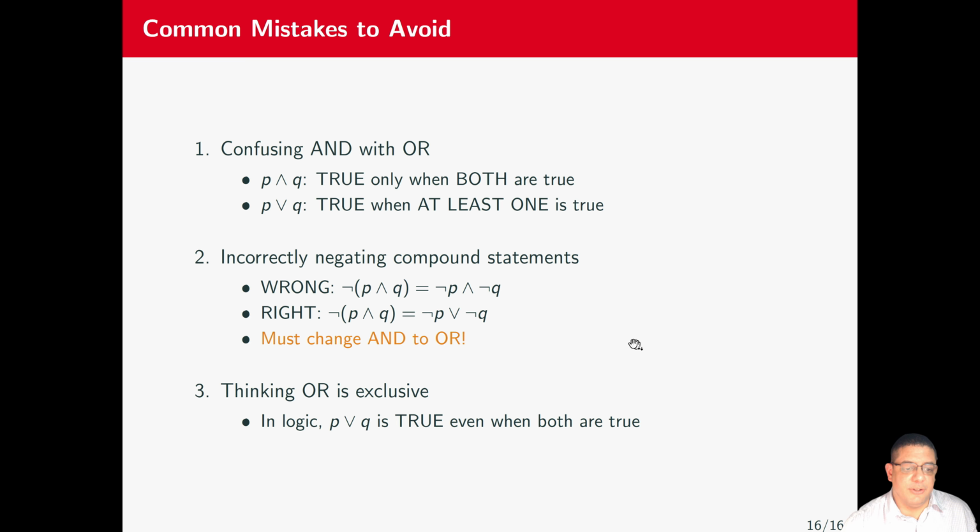Just remember in general that you are not only negating the propositions, but also changing the and for the or. Also, make sure not to believe that or is exclusive. In logic, P or Q is true even when both of them are true. Okay? All right, so this is the end of section 2.1. Now we'll move to checking some examples.